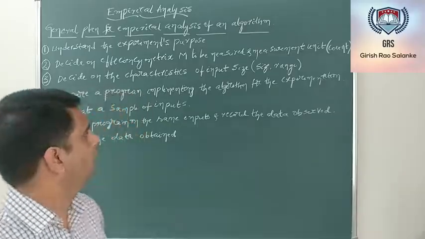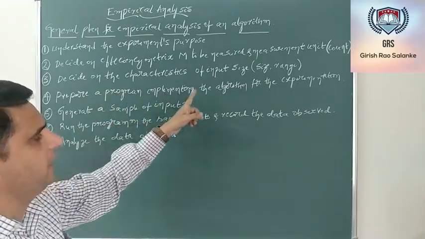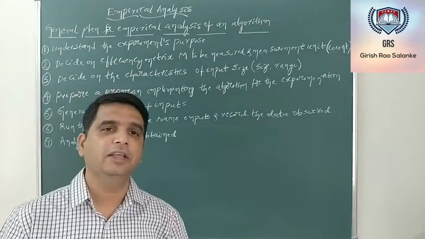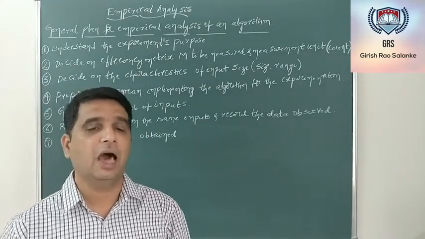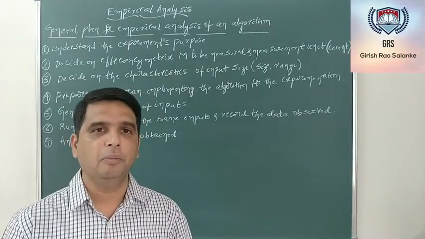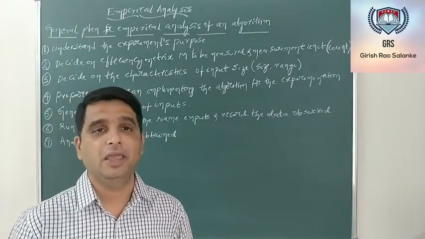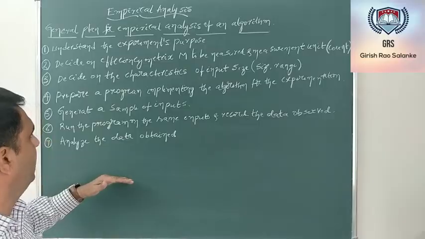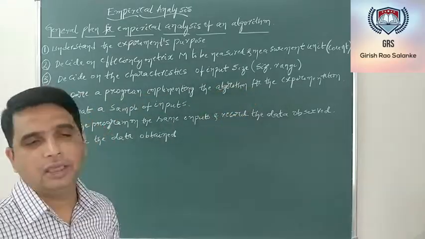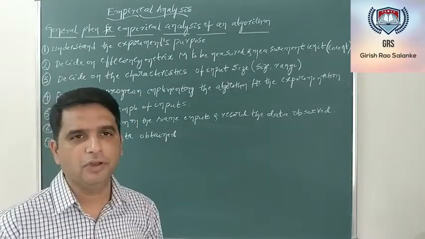Next, for the algorithm developed, prepare a program implementing the algorithm for experimentation purposes. As I clearly told, if you find the time complexity with the help of just an algorithm, we call it the mathematical analysis. If we find the time complexity with the help of code executed on a machine, we call it the empirical analysis. Next, generate a sample of input.